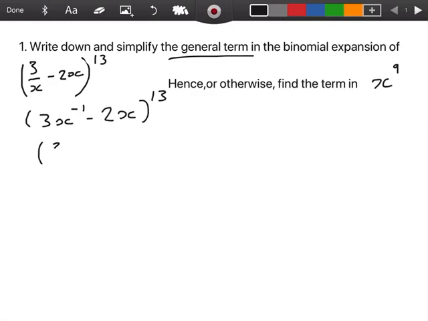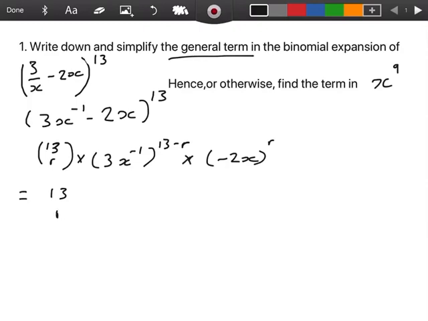So that becomes 13Cr times 3x to the negative 1, to the power of 13 minus r, times negative 2x to the power of r.